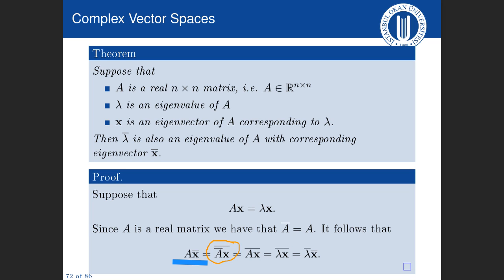But the complex conjugate of A is just A. So that's the complex conjugate of Ax, but Ax is lambda x. And that's just the complex conjugate of lambda times the complex conjugate of x. And that's the whole proof. A multiplied by the complex conjugate of x is equal to the complex conjugate of lambda multiplied by the complex conjugate of x.